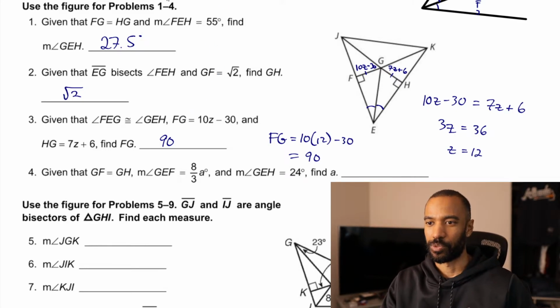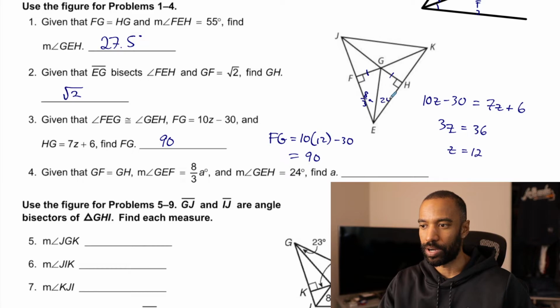All right, last one. Given that GF equals GH, again, we'll use the converse of the bisector theorem here. Measure of angle GEF is 8/3 A degrees right there, and measure of angle GEH is 24 degrees. These are bisected, by the way, because of that reason.